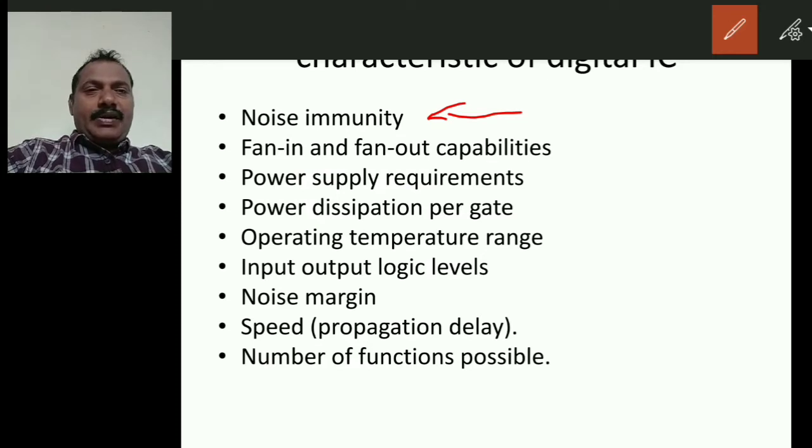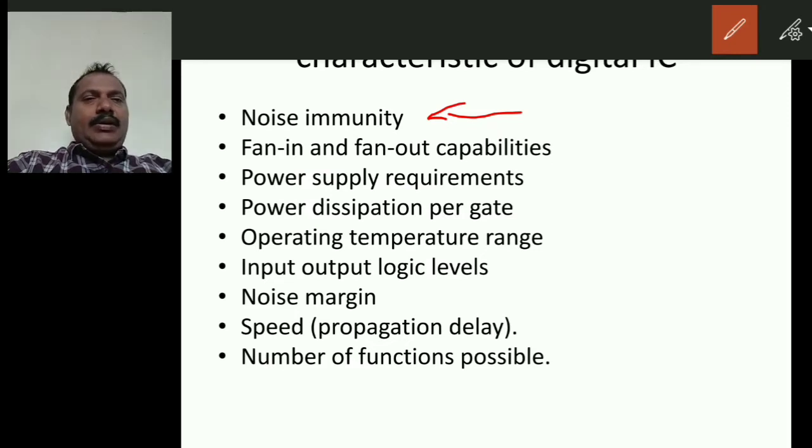That is an important parameter which will decide the usage of that particular IC. And operating temperature range, how much temperature it can withstand without disturbance to the operation.